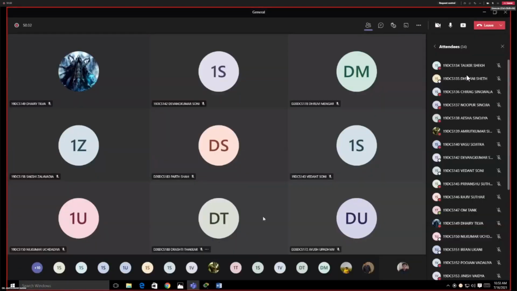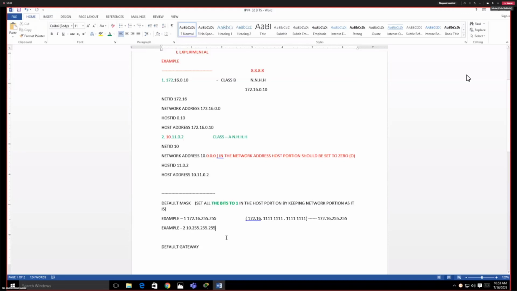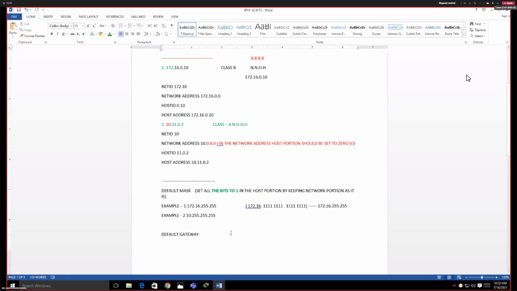Please acknowledge, other students. Do you have any query? No, sir. Okay. So in example 1 and example 2, 172.16.255.255 and 10.255.255.255. I hope these two values are clear to you.